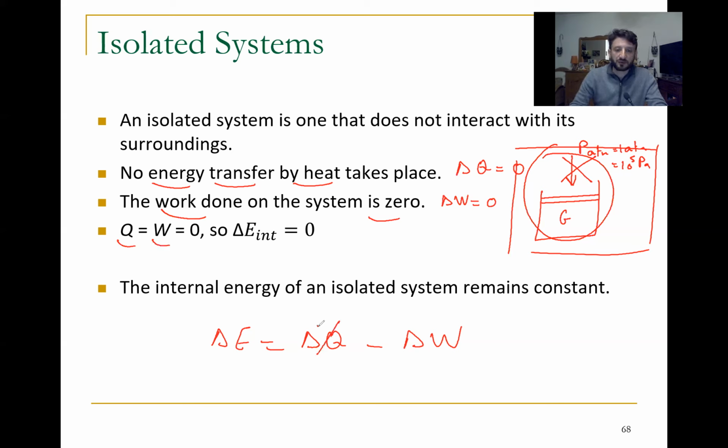We don't have Q, we don't have omega, so delta E equals 0. So E final minus E initial equals 0, E final equals E initial. So you have to know in the case of an isolated system, E is constant.